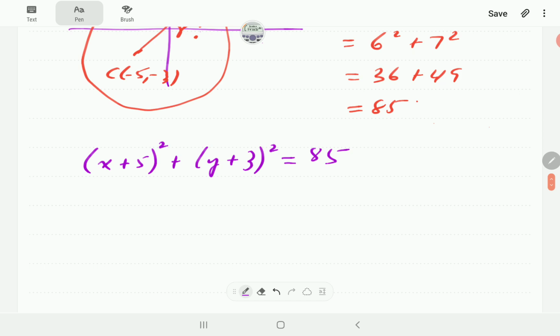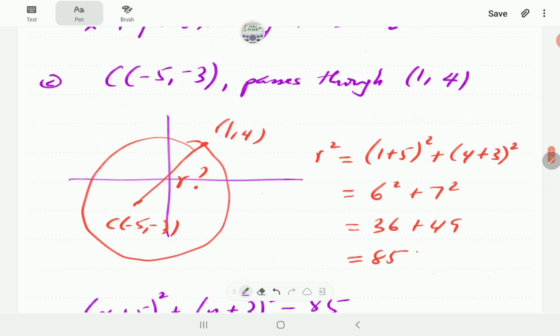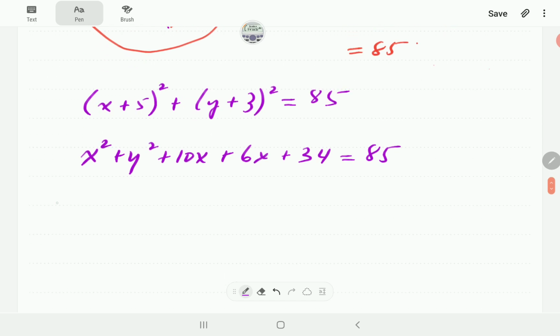Then if we simplify this, it's going to be x squared plus y squared plus 10x plus 6y. We're going to have 25 plus 9 here. So that's going to be 34. And then, of course, we can take the 85 to the left-hand side. All right, so that sorts out C.